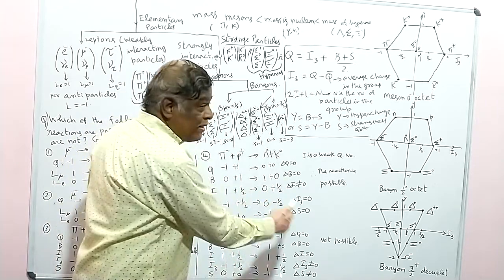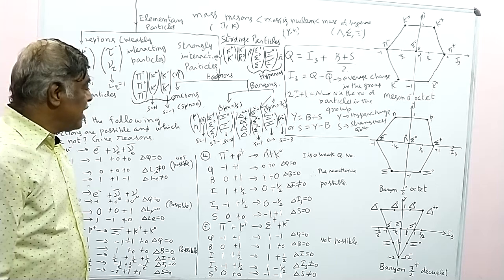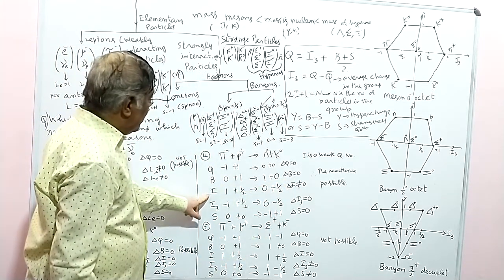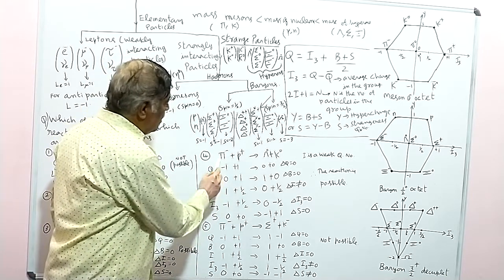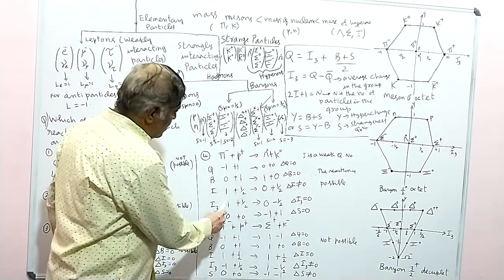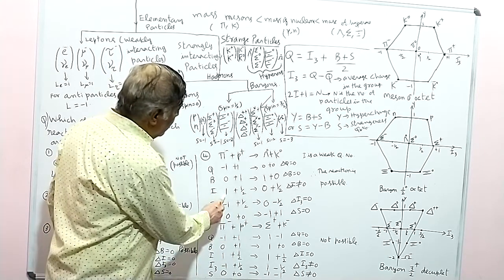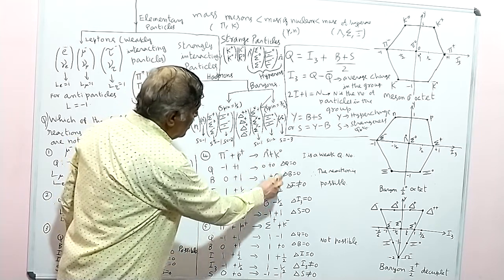So on both right and left side the baryon number is equal, therefore delta B is 0. For isospin, we have already mentioned for pi mesons, the I value is always a positive number, so this is 1. For p it is a half, lambda 0 is 0, k 0 is half.